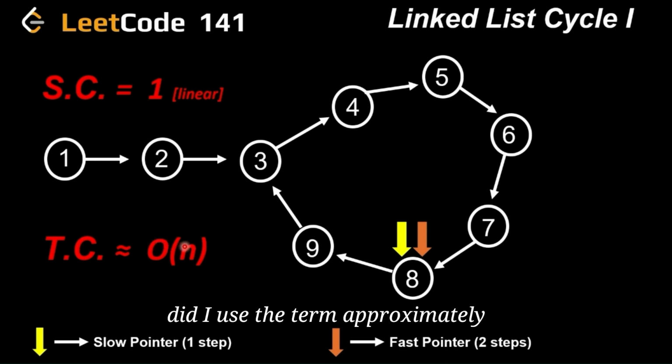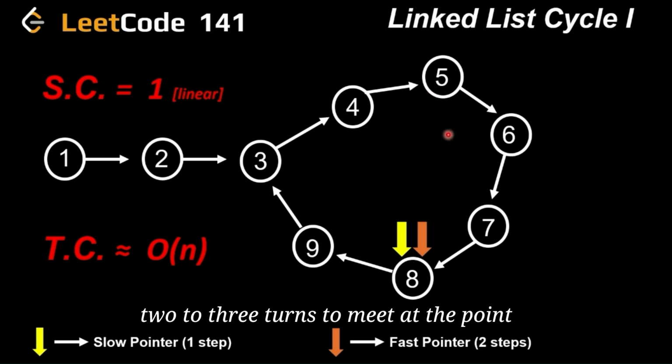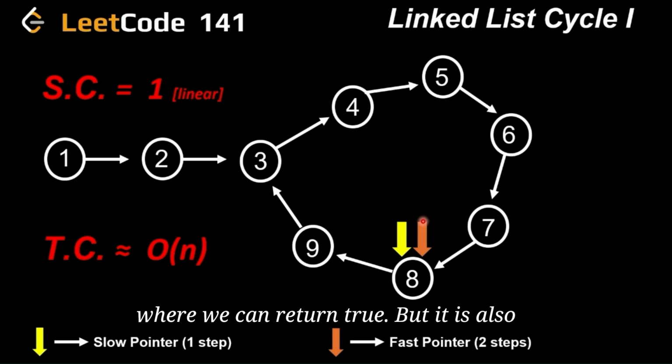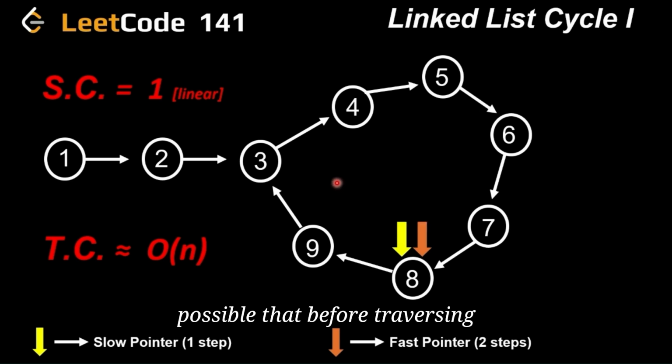Why did I use the term approximately equivalent to big O of n? Because it is possible that it may take 2 to 3 turns to meet at the point where we can return true. But it is also possible that before traversing the whole linked list, both pointers collide at a point.